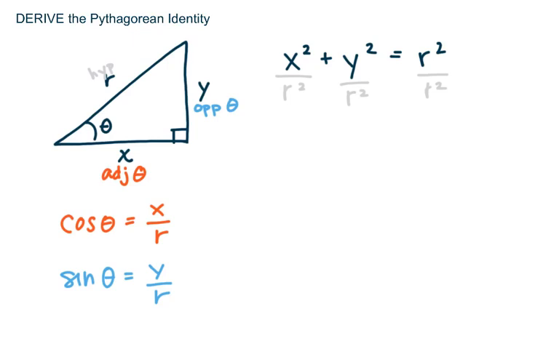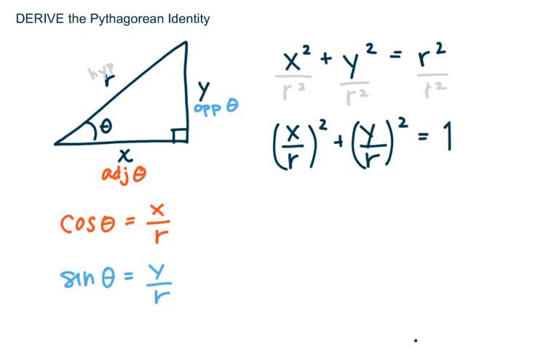So what does that give me? That gives me x over r, squared, plus y over r, squared, and r squared over r squared is positive 1. Now, it should be easy for us to see that x over r is equal to cosine theta, and y over r is going to be equal to sine theta.